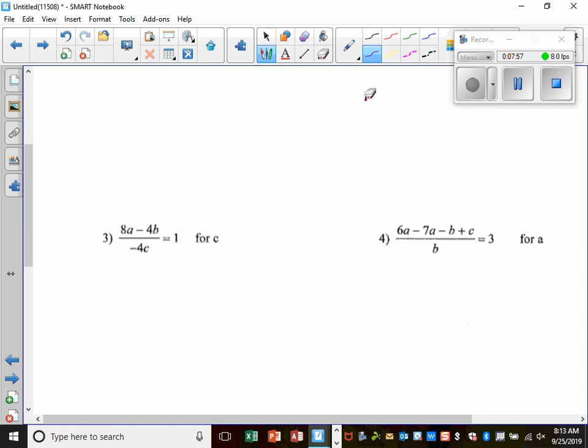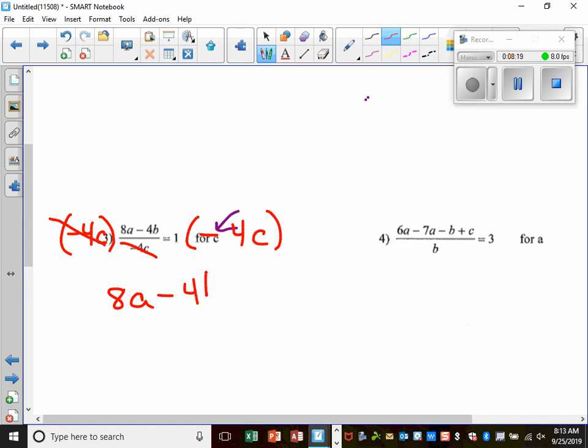If we're solving for C, I want to first get rid of that divided by negative 4C. So I'm going to multiply both sides by negative 4C. That takes care of that, and I'm left with 8A minus 4B equals negative 4C. And I'm solving for C, so what should I do next?